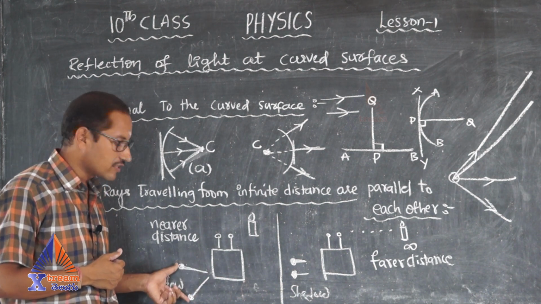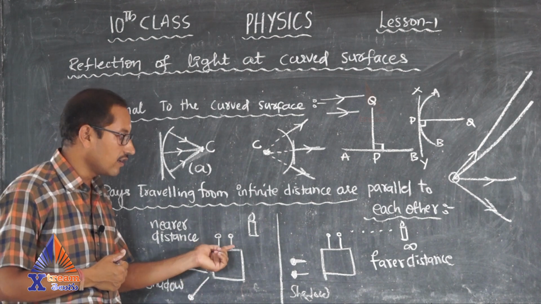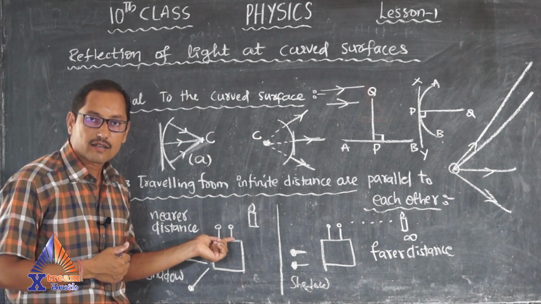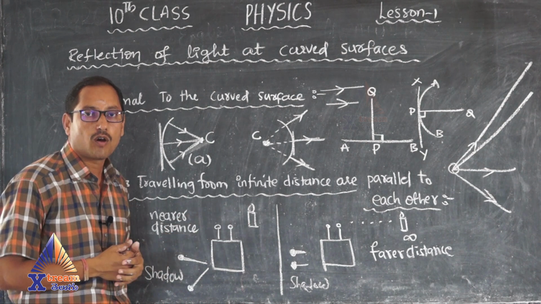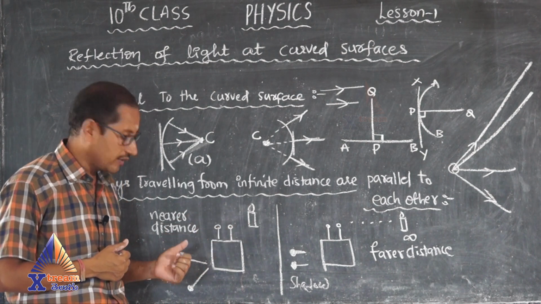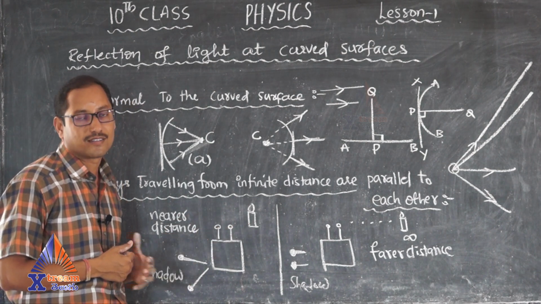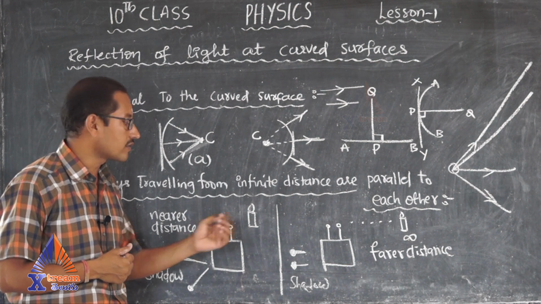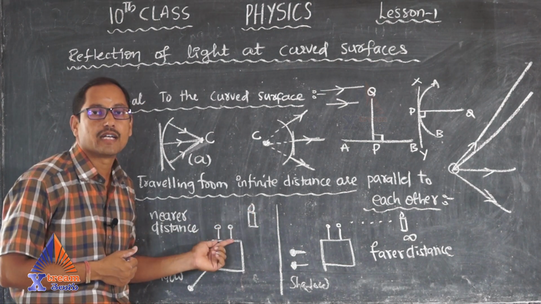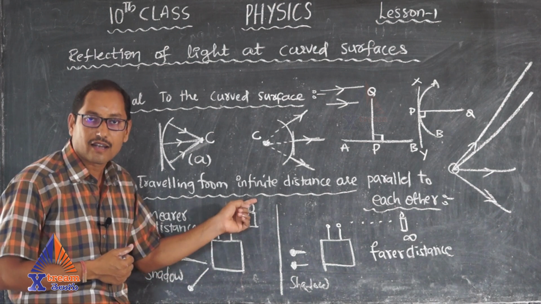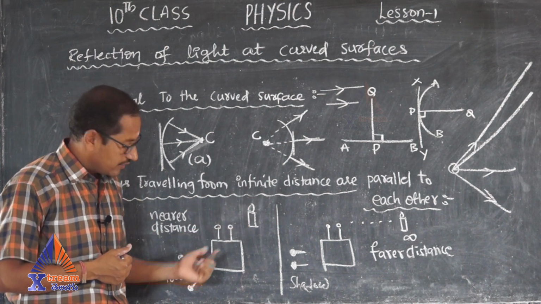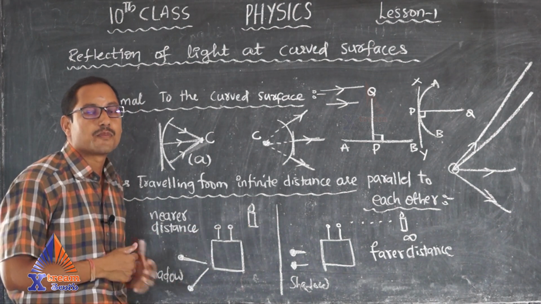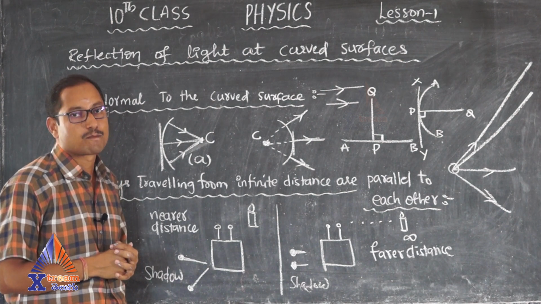They seem to be diverging from each other. Though the nails are struck into the block parallel to each other, but their images are not parallel. Why? Because the light rays are coming from a very shorter distance. As the light rays are divergent, the shadow is also observed to be divergent.